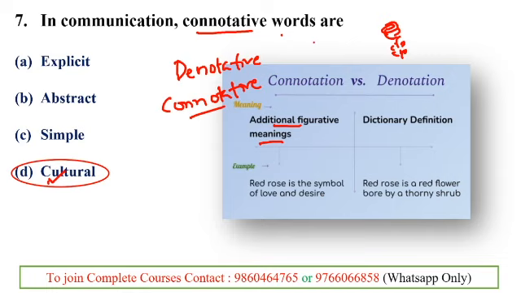So it figurates, or makes the sense of words clear, and that is connotation, expressed in cultural terms. And denotation means the dictionary definition. Clear?